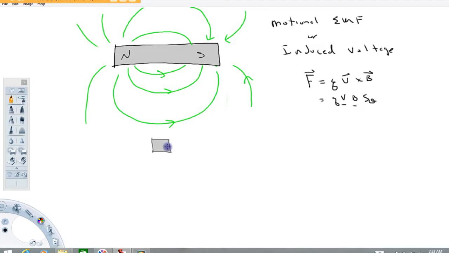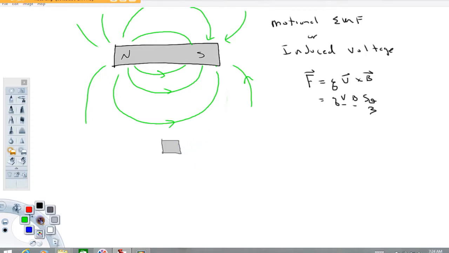So if this particle here at the instant shown is moving to the right, then the velocity vector is basically tangent to the magnetic field vector, and the angle between them is basically zero for all particles here inside of this. So there's really no net magnetic force. The magnetic interaction is not real substantial, right?